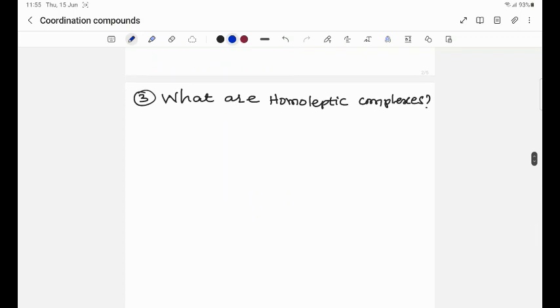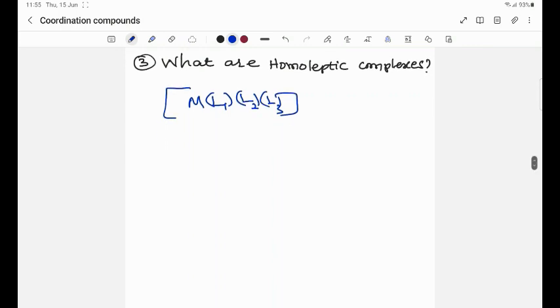And the third question, what are homoleptic complexes? We know that a complex contains a central metal atom and the ligands are attached to it. Sometimes different kinds of ligands may be attached. Those complexes are called heteroleptic complexes.